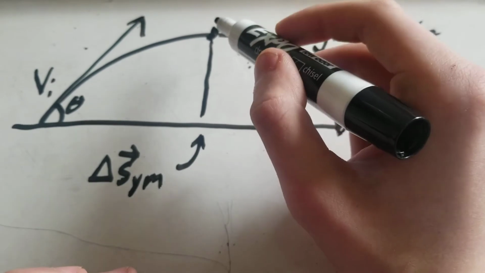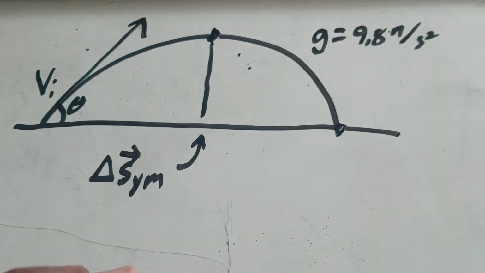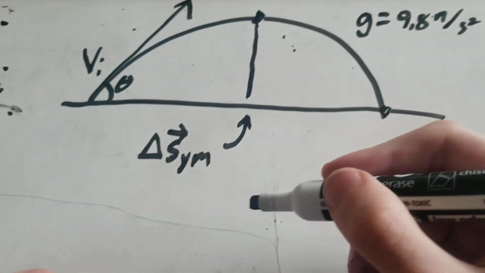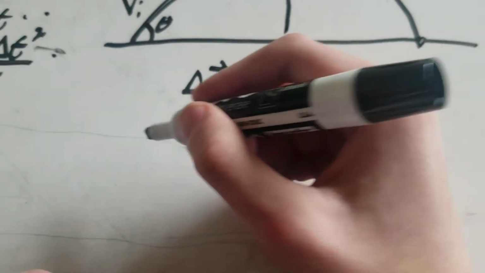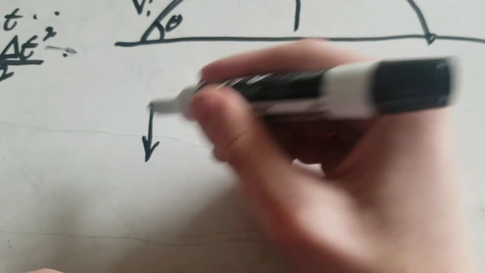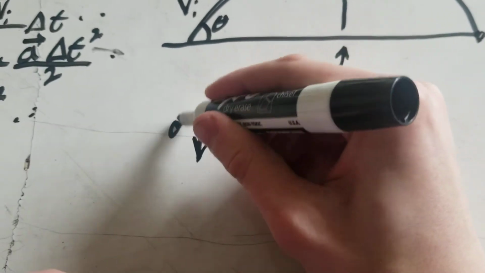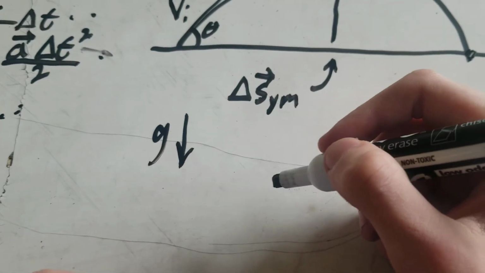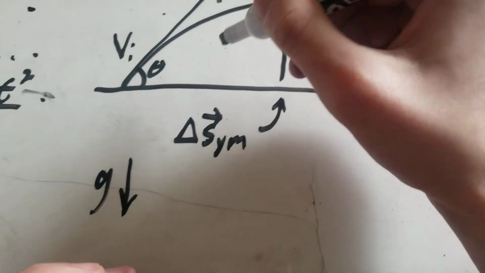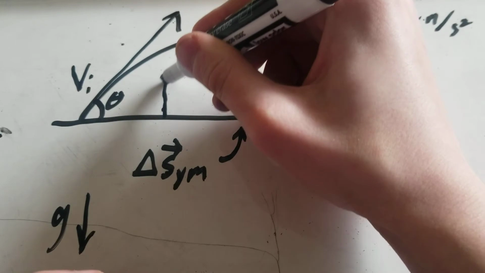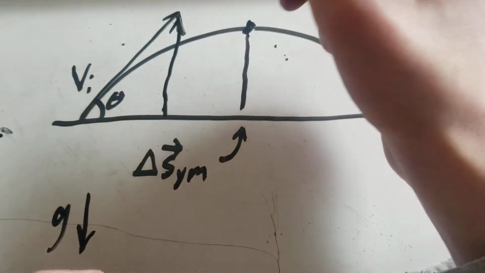That was the trick question. The final velocity here, or the vertical velocity, would be zero. Just think about it. Acceleration is always applying a downward force. That's the g. That's our acceleration. And the initial velocity gave us an upward force. So here we can have, it's kind of a very crooked arrow.